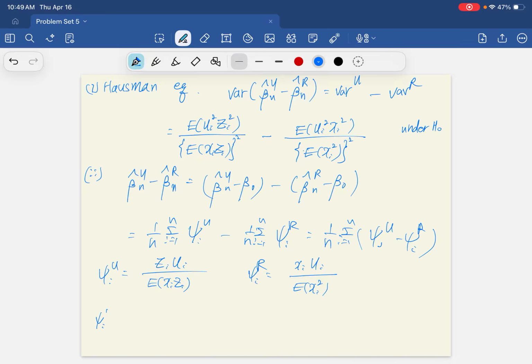Okay, then their difference is u_i factored out, z_i over expectation x_i z_i minus x_i over expectation x_i squared. Okay, so this is the new influence function.